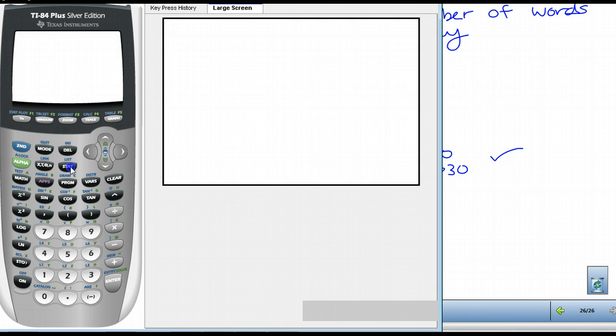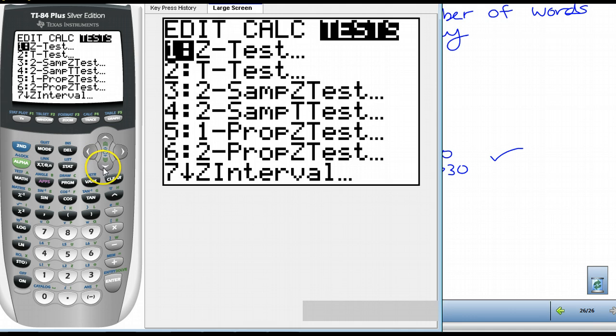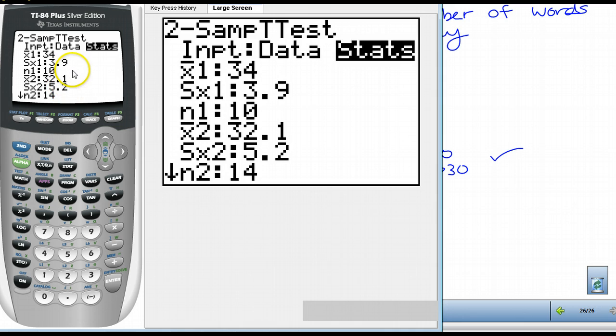Okay, so we're going to stat test down to 2-SampTTest, or you can just push 4. And I'm trying to put in stats. And my x1 bar, for my x1, we said that x1 was the men. So the population 1 we declared was men.